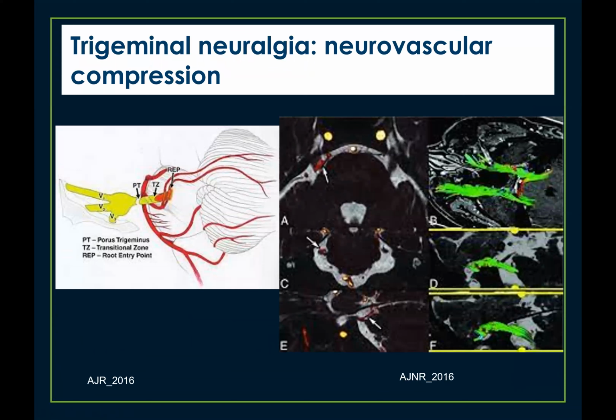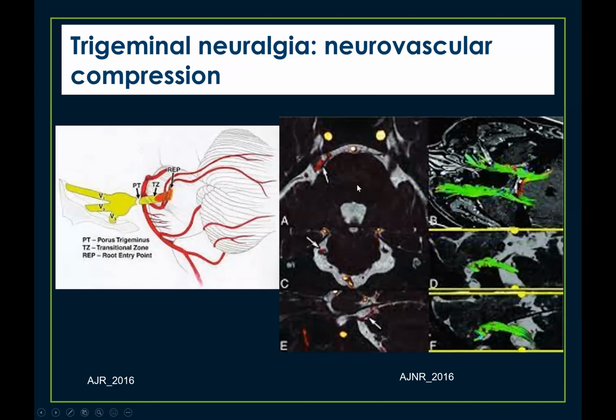Lastly, I would like to talk about trigeminal neuralgia. Neurovascular compression is one of the most common causes. Here we have a key sequence on an MRI axial. It is part of our cranial nerve protocol MRI, showing the pons and cisternal portion of the trigeminal nerves.